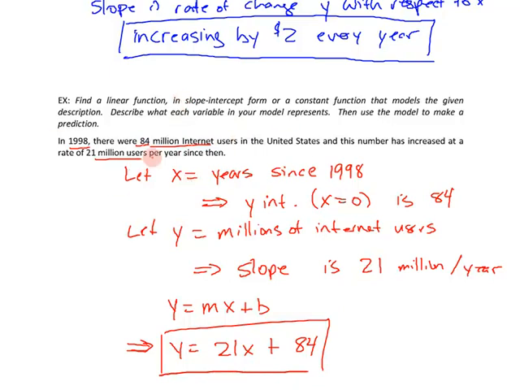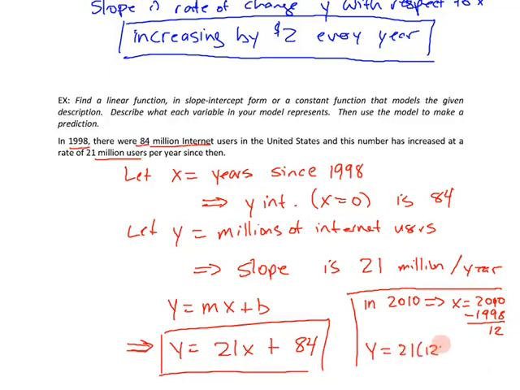We could use this to predict the number of, say, internet users in 2010. That would mean x is equal to what? 2010 minus 1998 is 12. So y is equal to 21 times 12 plus 84. By the way, I just picked 2010 off the top of my head. That wasn't actually in the problem, but I'm using my model to answer a question.